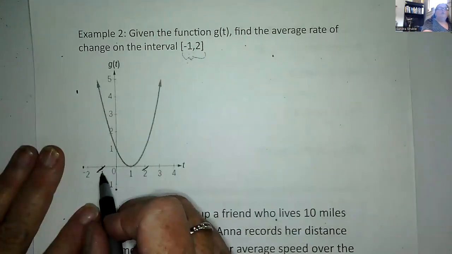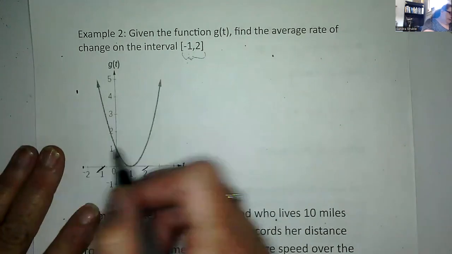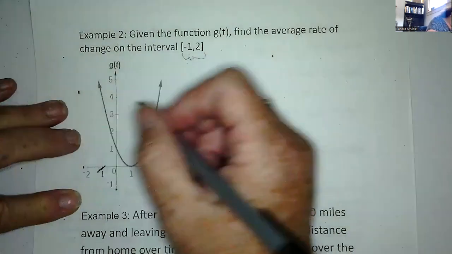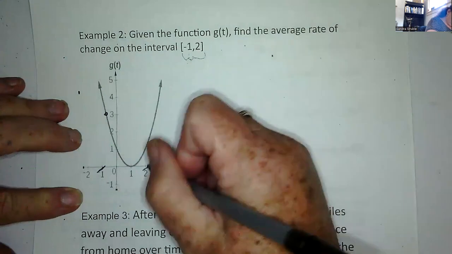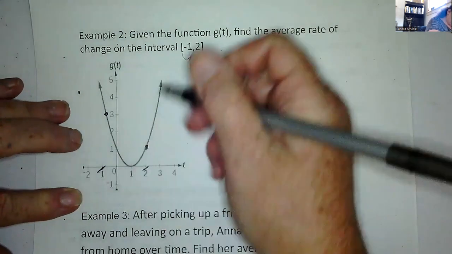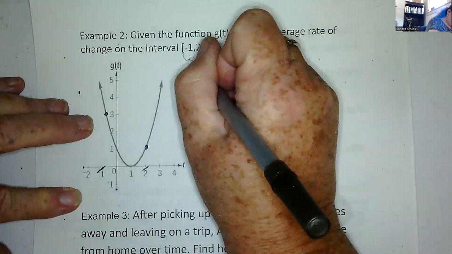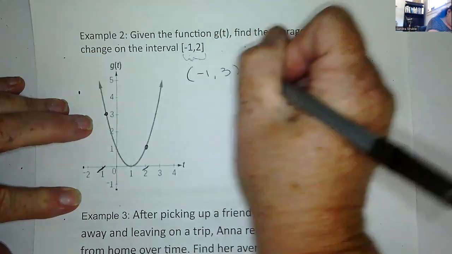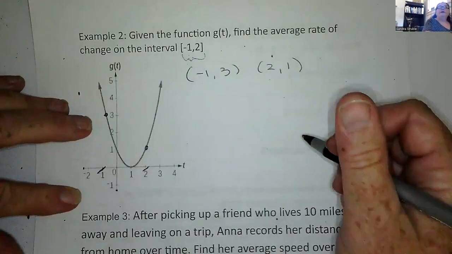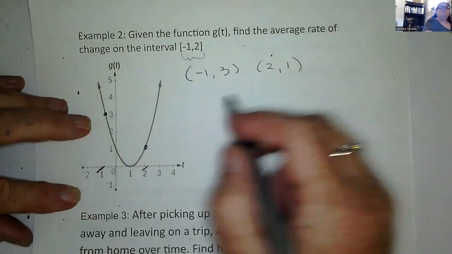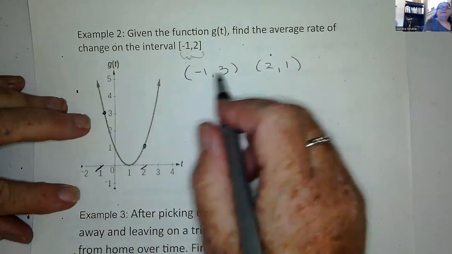Well, first you need to know where -1 is on this. Oh, good gracious. I'm going to say it's possibly 3, and then 2 looks to be about 1. So we've got two ordered pairs here. We've got -1, 3, and we've got 2, 1. So we're going to find the average rate of change on the interval between these 2 points.